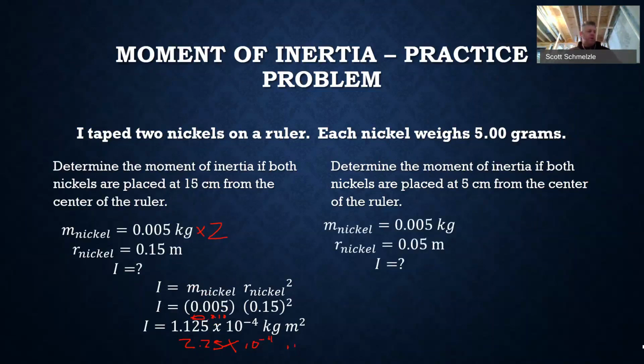All right, then if we take our nickels and move them in 5 centimeters, at the middle, that's 15. So if I put them at the 10 and the 20, come on now, work with me here.